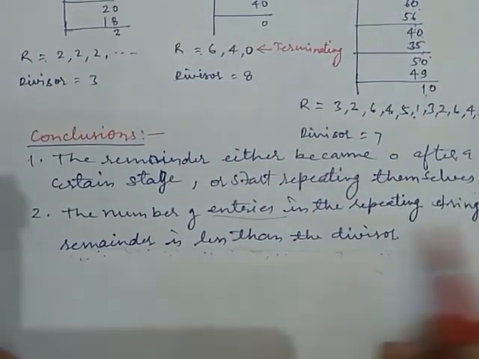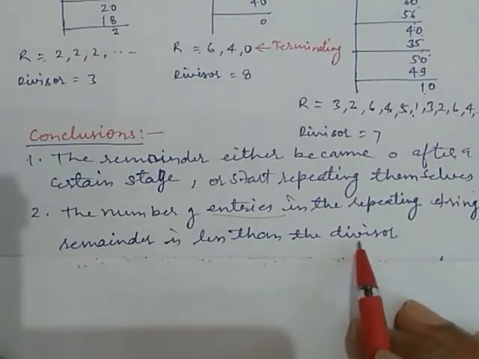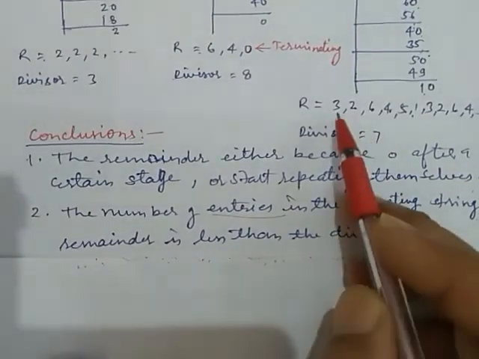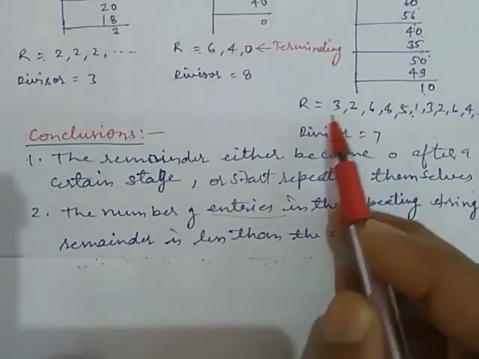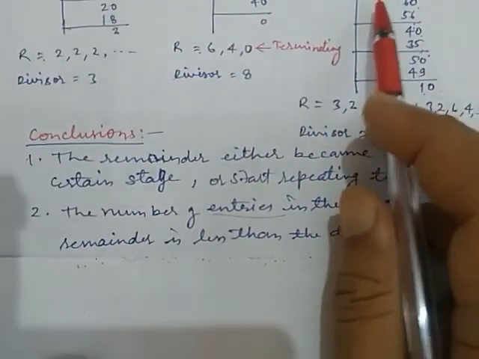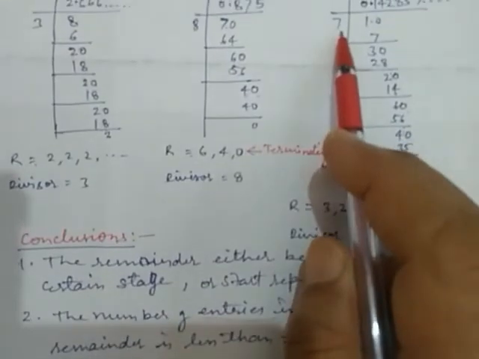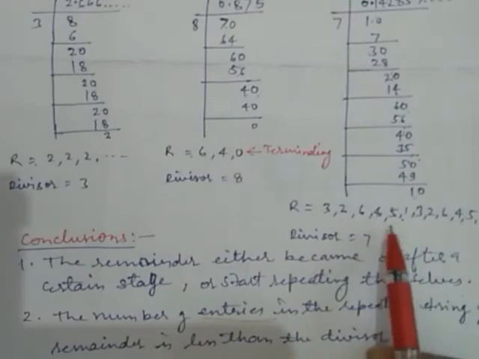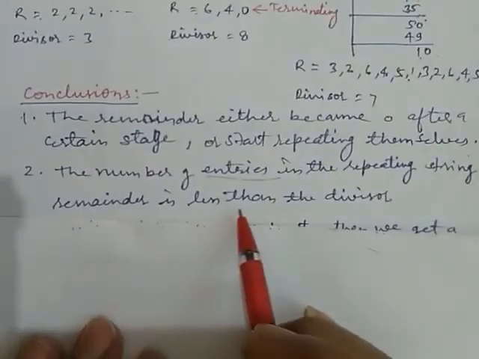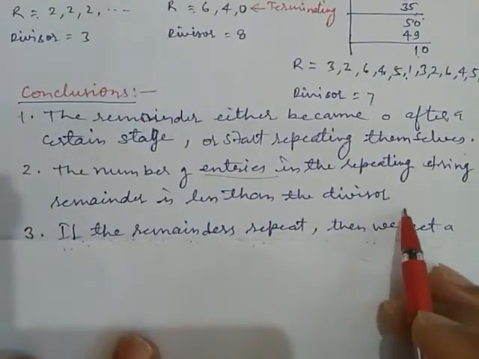The remainders in the repeating string are less than the divisor. But remember, these 3, 2, 6, 4, 5, 1 are all less than this divisor, 7. They are only 6. Okay, this is our conclusion. The remainder is less than the divisor.